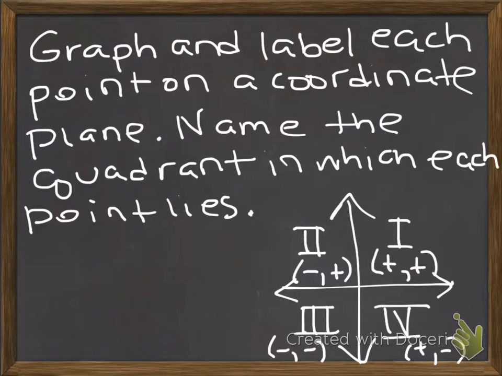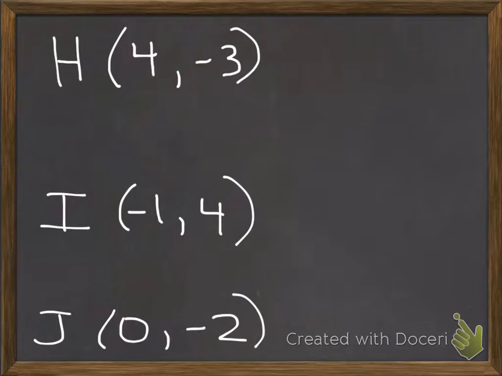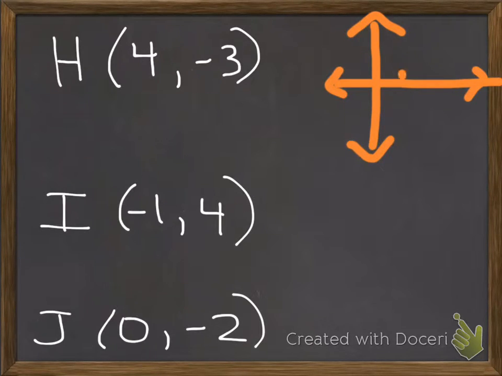Now here, I've shown you another graph where the quadrants are labeled down here, but it says graph and label each point on a coordinate plane. Name the quadrant in which each point lies. So here are the list of points. If I were to graph (4, -3), 4 is the X coordinate, so that's going to go with the X number.